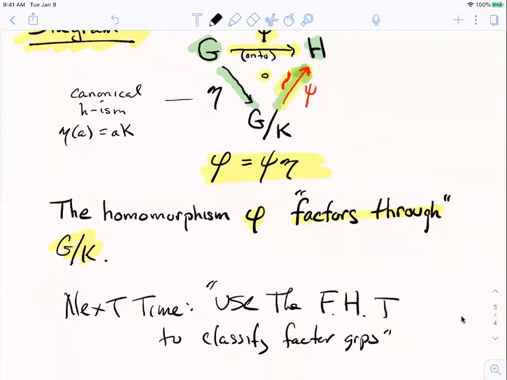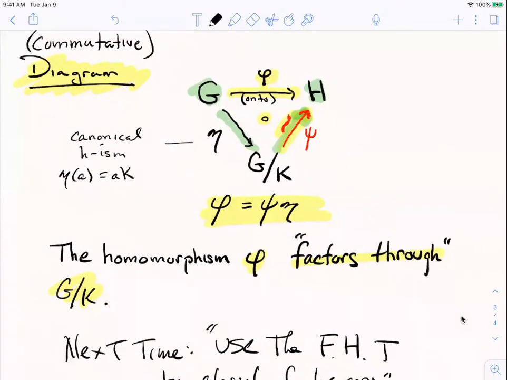The fundamental homomorphism theorem gives me a chance of proving that a factor group is isomorphic to something. In that previous lecture where I was showing you some examples of computing factor groups, often those examples ended with me saying something like, oh, I think this factor group feels like it's isomorphic to this. This first homomorphism theorem is the tool we're going to use to prove that stuff.